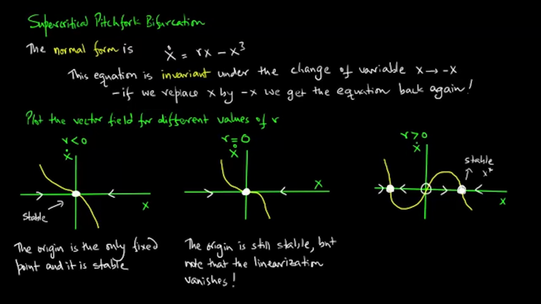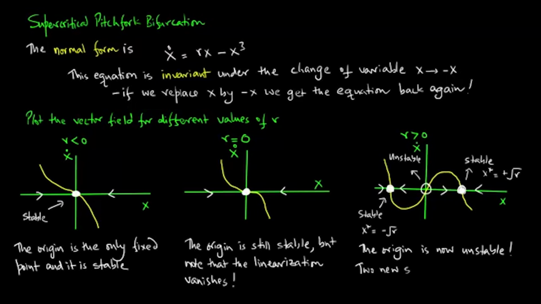So we are stable at x is equal to plus the square root of r, and stable at x is equal to minus the square root of r, and the origin is unstable. So the origin is actually now unstable. Two new stable fixed points on either side of the origin have now emerged.